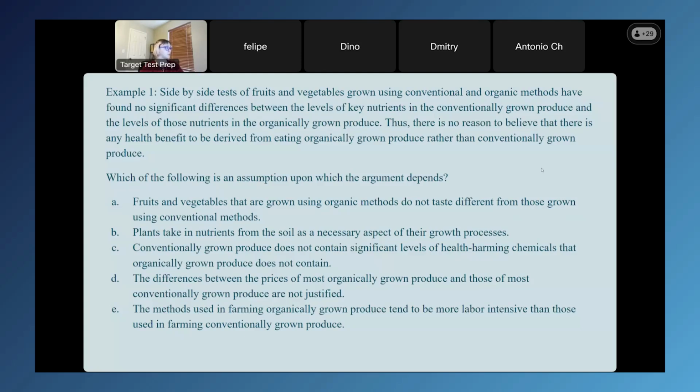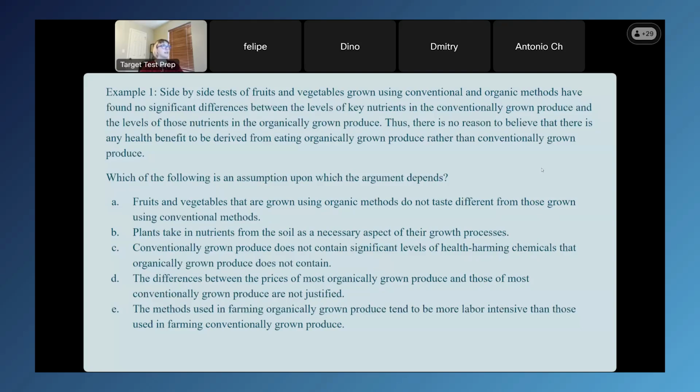C, conventionally grown produce does not contain significant levels of health-harming chemicals that organically grown produce does not contain. So if we take this one and we negate it and say conventionally grown produce does contain significant levels of health-harming chemicals that organically grown produce does not contain, then even if there is no significant differences between the levels of key nutrients, conventional versus organic, the conclusion doesn't necessarily follow from that.